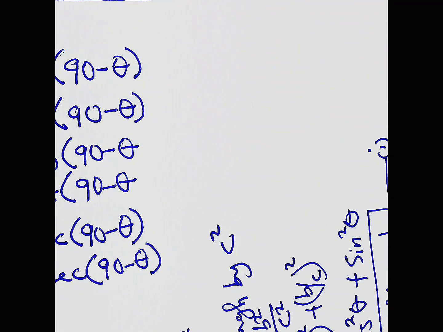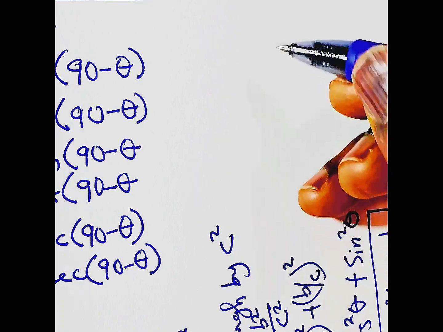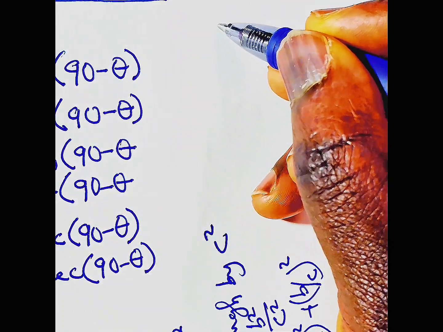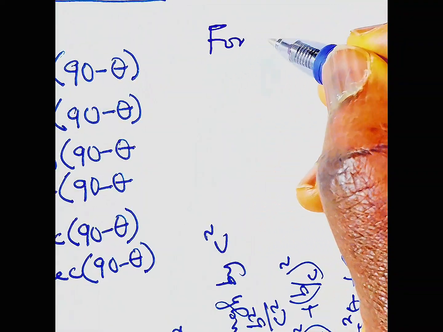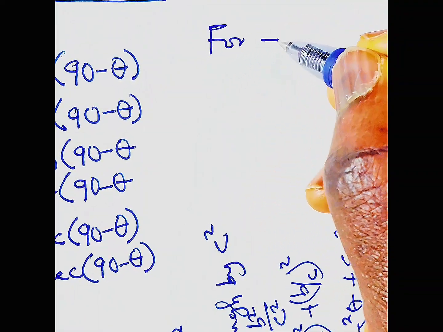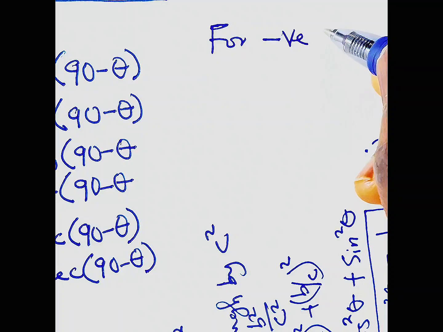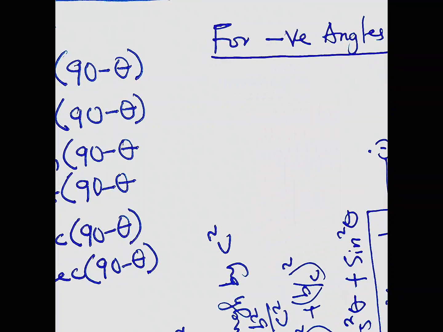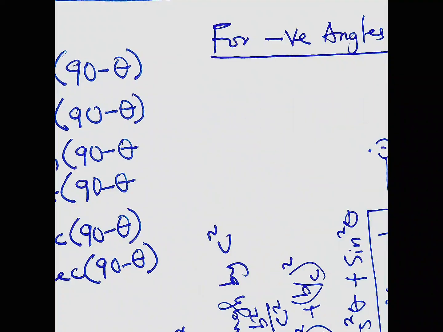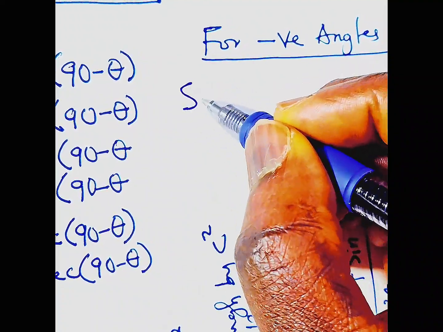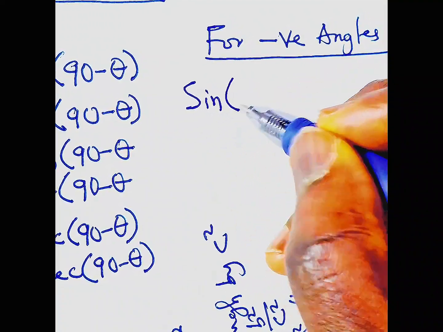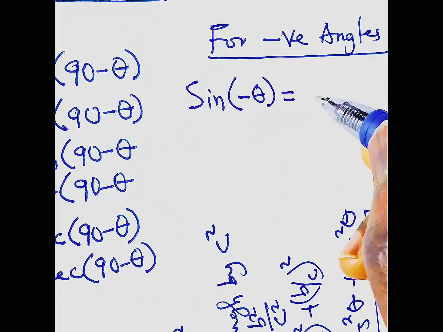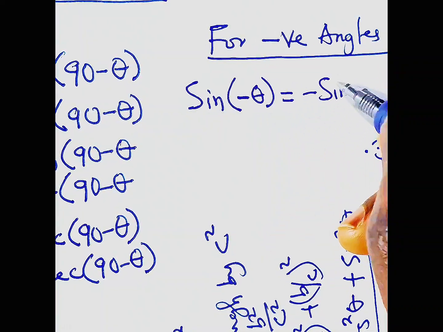They are called the negative angles. Identity for the negative angles. These are very, very important. This shows that sin of minus theta is the same thing as minus sin theta.